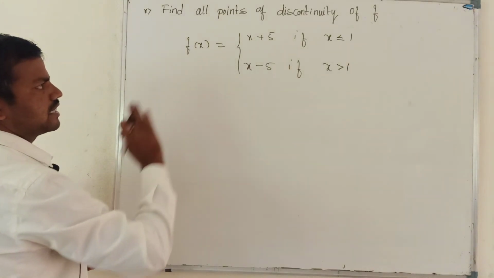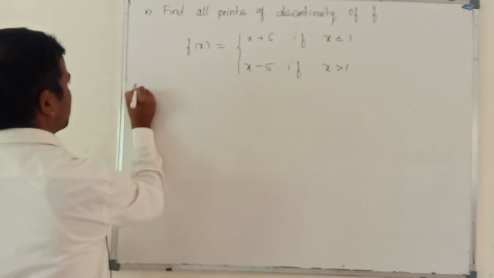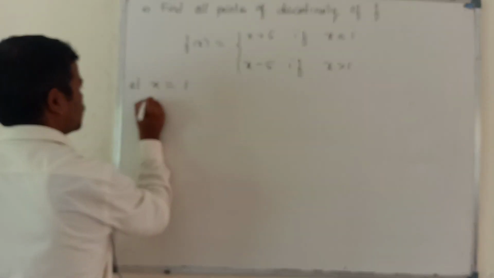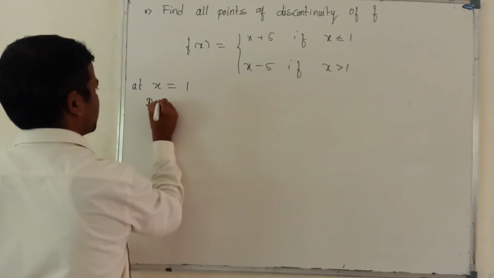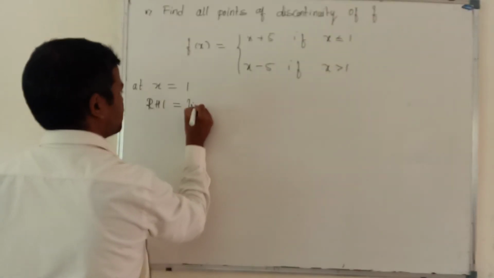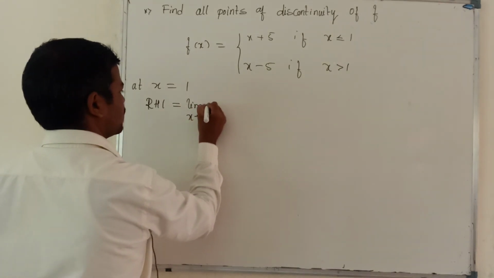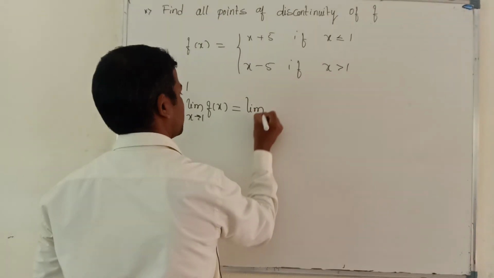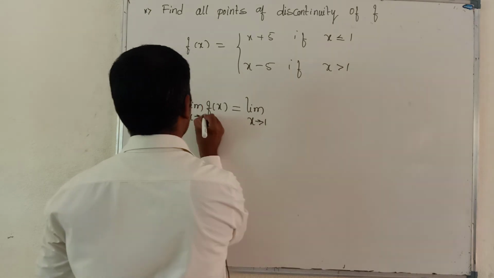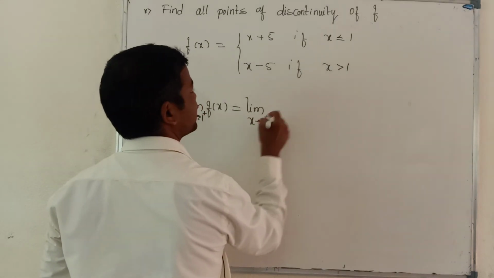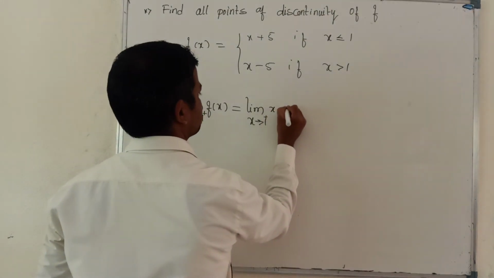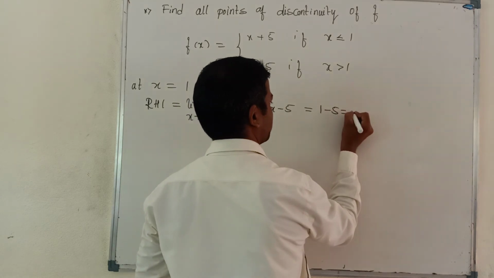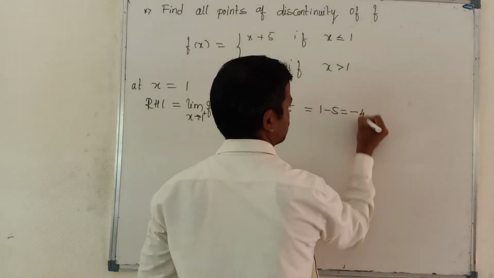At x equal to 1, RHL is equal to limit as x tends to 1 plus of f of x. Plus indicates greater than, so we take x minus 5. Put x as 1: 1 minus 5 is equal to minus 4.